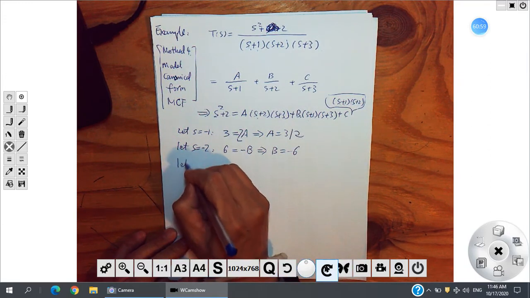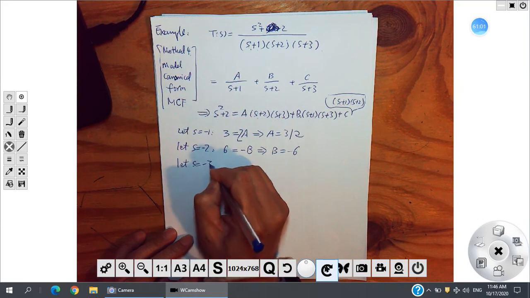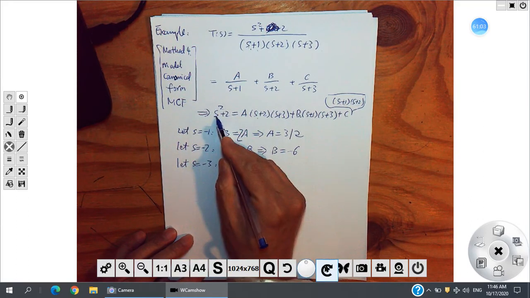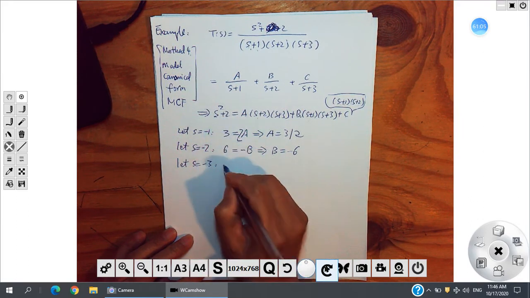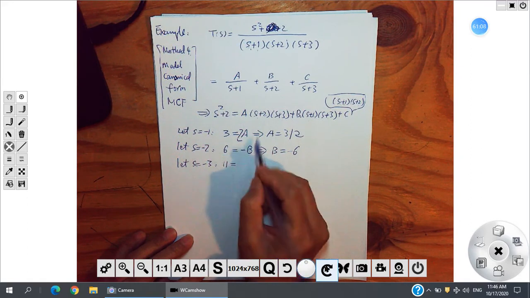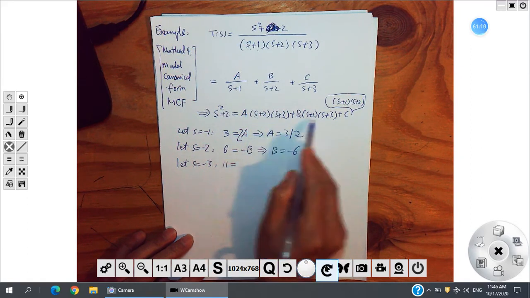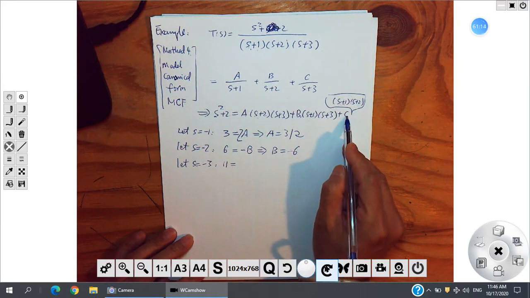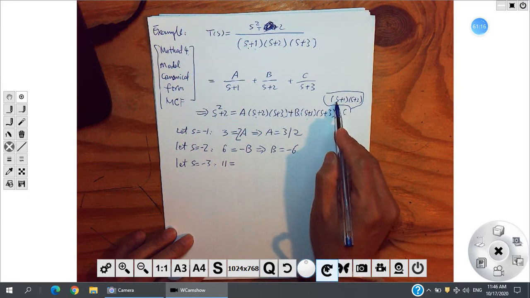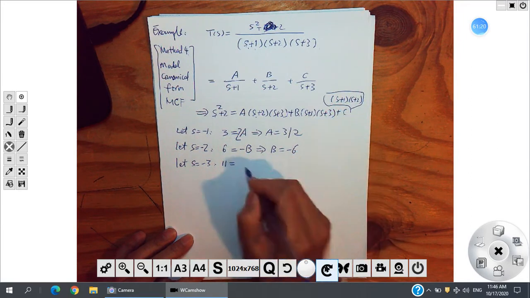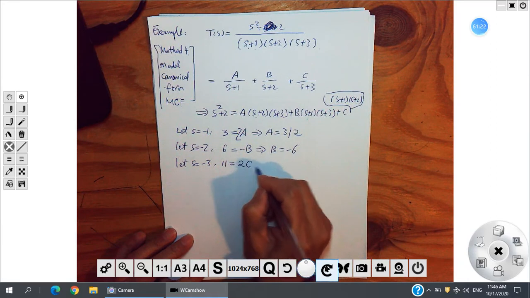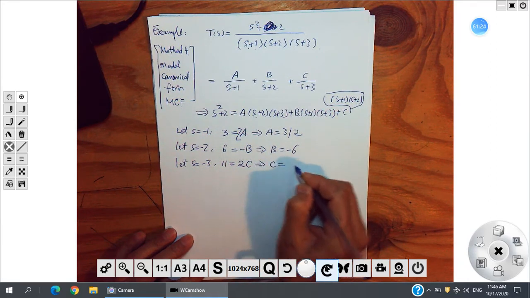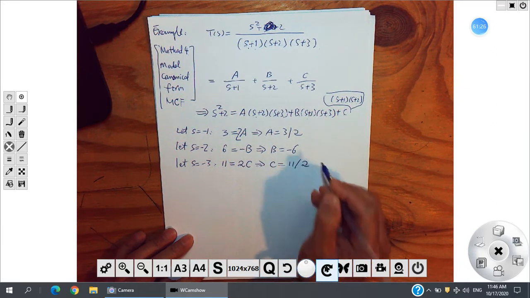And let S now equal -3. So 3 squared is 9, plus 2 is 11, and the A and B terms are 0 since S plus 3 is 0. Then I have C with S equal to -3: -2 times -1, so positive 2. So C equals 11 over 2.